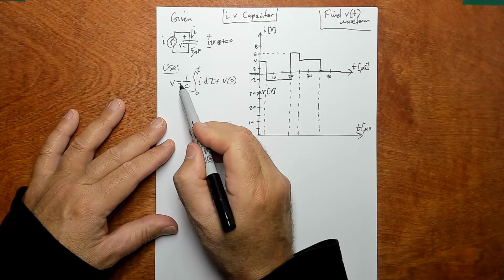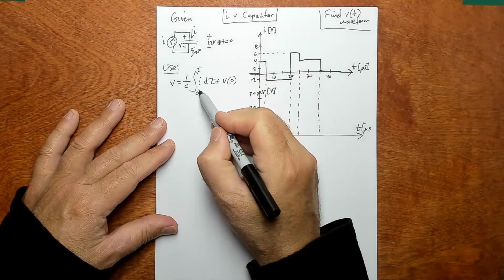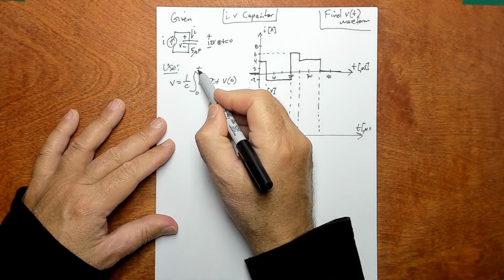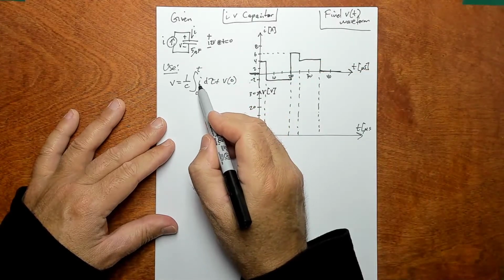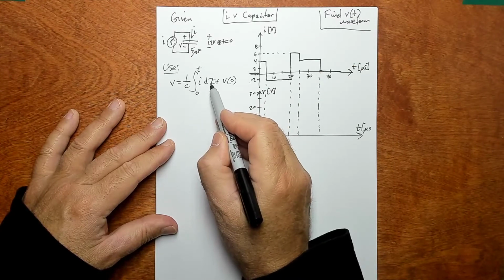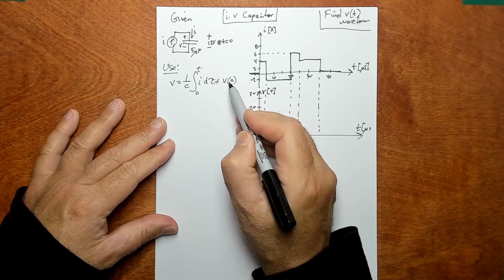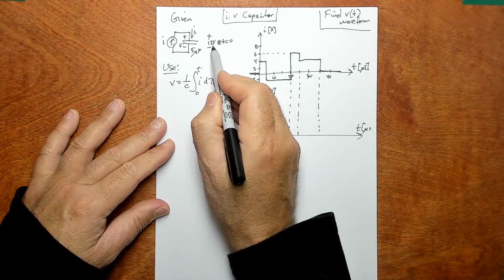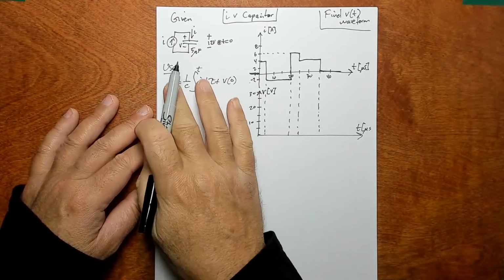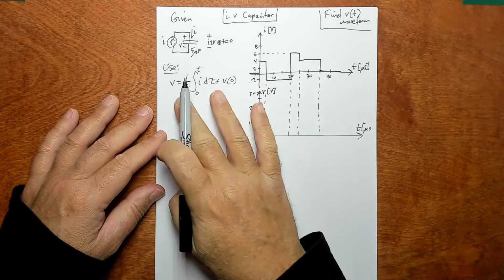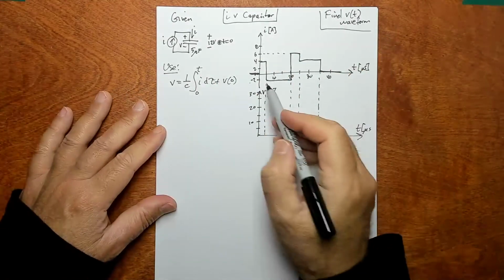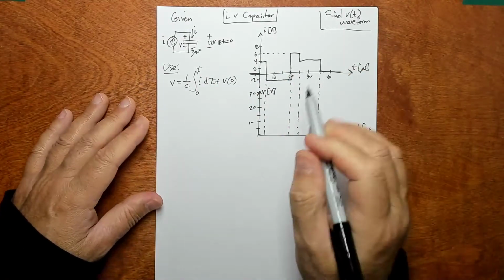And so voltage is given by 1 over the capacitance, integral from 0 to some time of I d tau, so the current I d tau, plus the initial voltage. And here we're given the initial voltage. And this problem just boils down to solving this integral here for every one of these intervals, so 5 times.